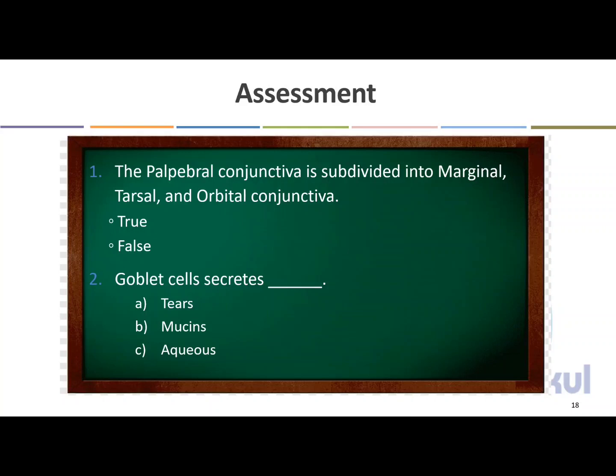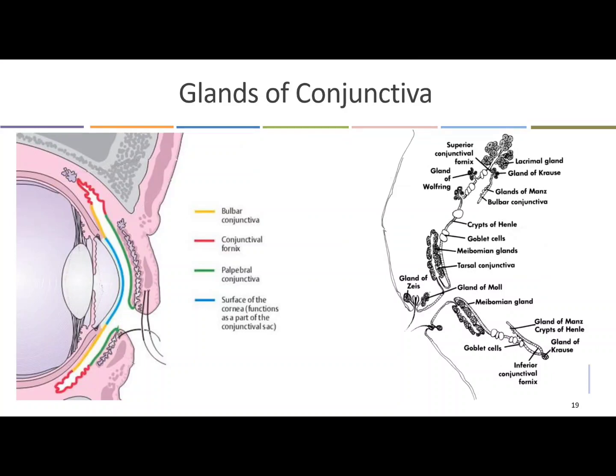Great. Now we'll look towards the glands of the conjunctiva. We have different glands present in the bulbar, palpebral and fornix of the conjunctiva. Glands present in the fornix conjunctiva are glands of Krause, found in the upper and lower fornix. These help for the accessory tear secretions.